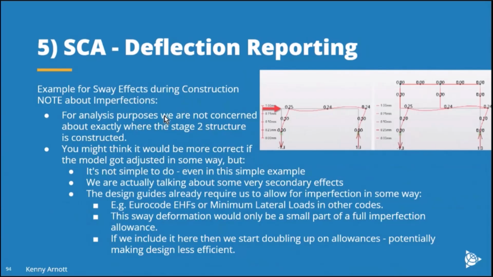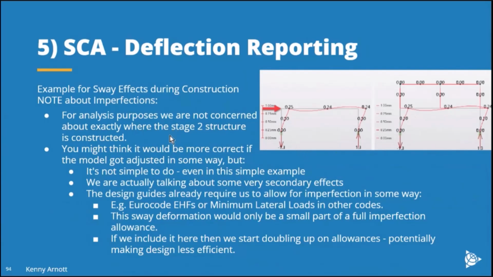So just some more closing notes, moving on to the topic of imperfections. When we start discussing this sort of thing, people can start to think, well, wouldn't it make sense to actually build the structure offset each time?